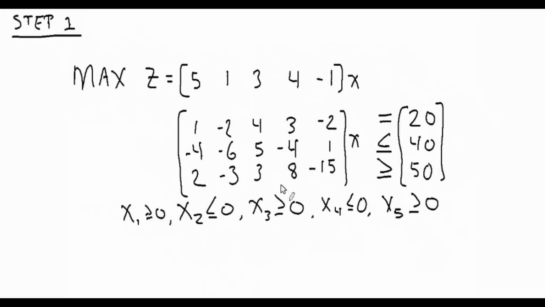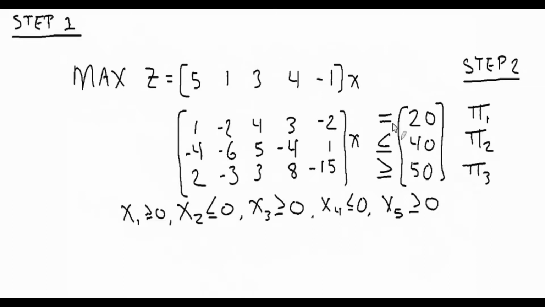Step 2 of the process involves associating dual variables with each constraint. So I'm going to write down here step 2, and we'll associate pi 1 with the first constraint, pi 2 with the second constraint, and pi sub 3 with the third constraint.